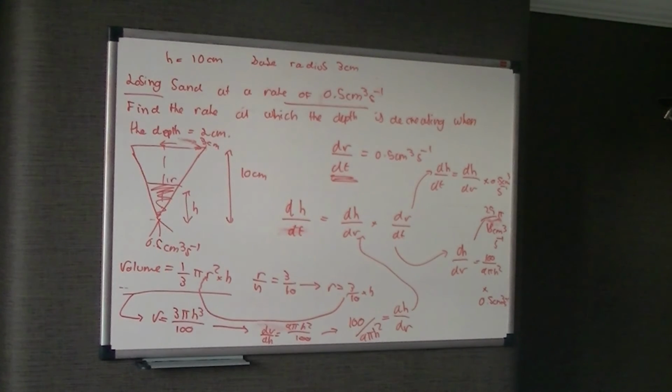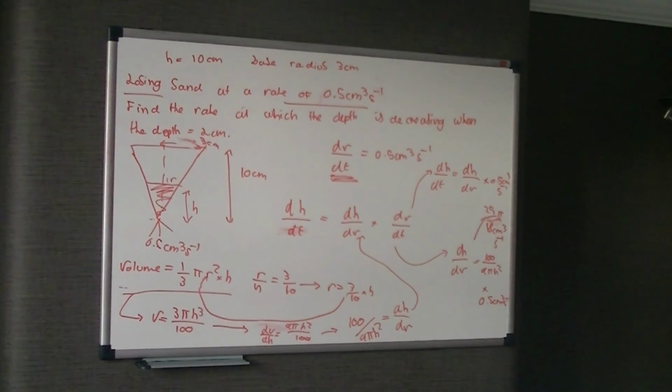Centimetre cube is a measurement of volume, so it's going to be dV by, and because it's per second, it has a time element as well, so it's going to be dV by dt.